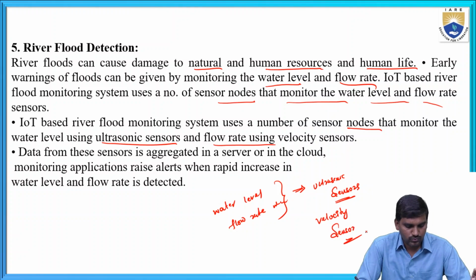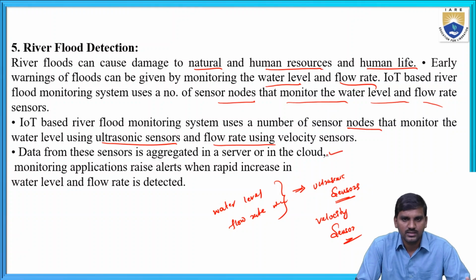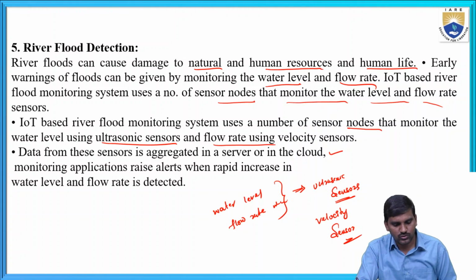So these are the two sensors used to identify the water level and flow rate of the water. Data from the sensors is aggregated on a server in the cloud. Monitoring applications raise alerts when a rapid increase in water level and flow rate is detected. So this is about river flood detection.